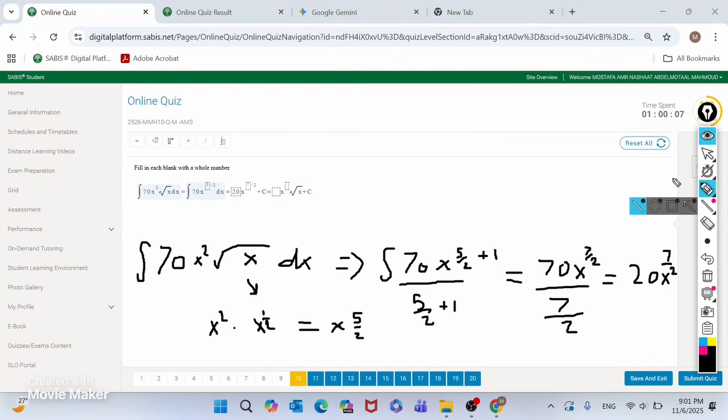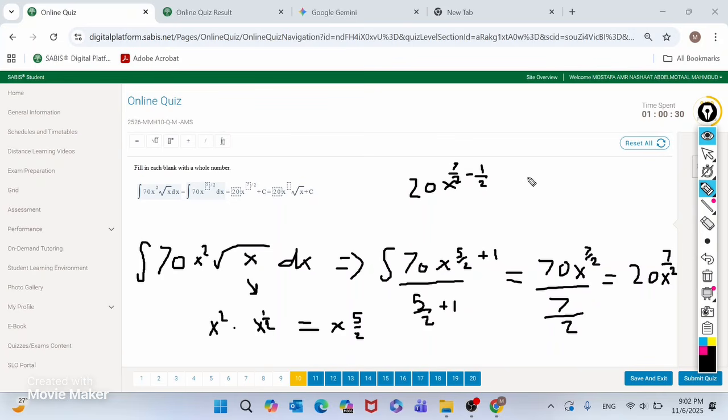Okay, now it's the same thing, 20x, but you put the 1 over 2 back here, so 20 x to the power of 7 over 2, and then you took 1 over 2 out, so you do minus 1 over 2.